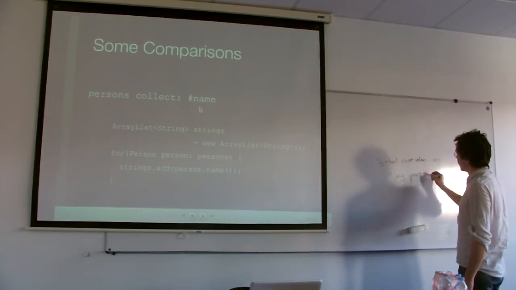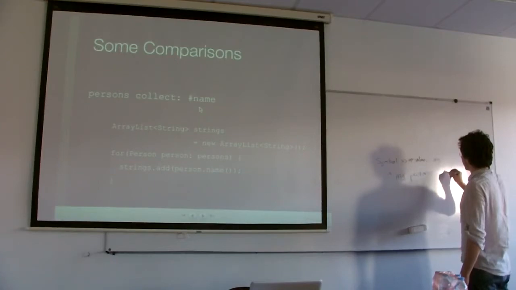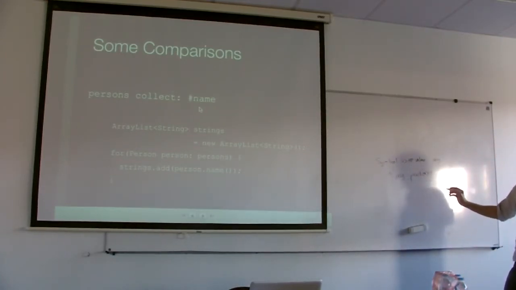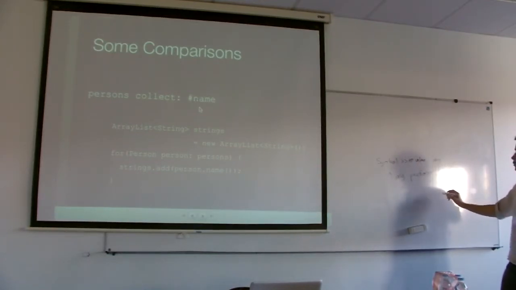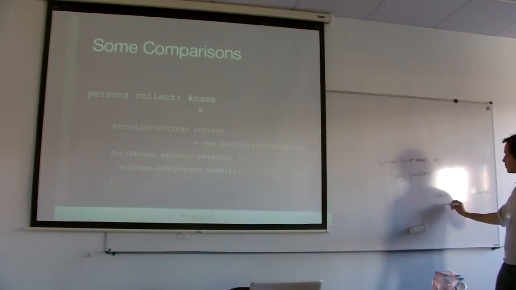Perform will execute the message that the symbol gives in argument. So here you're in a symbol, and if you send name value person, that's equivalent to person name.